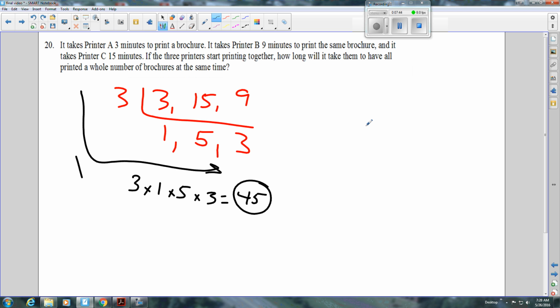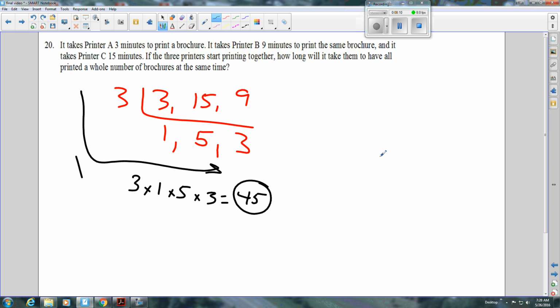It takes a printer 3 minutes to print a brochure. It takes the other printer 9 minutes to print the same brochure, and it takes printer C 15 minutes. If the 3 printers start together, how long will it take them to have all printed a whole number of brochures at the same time?